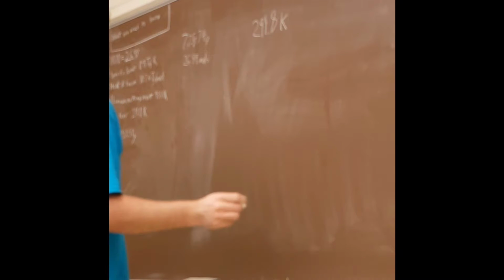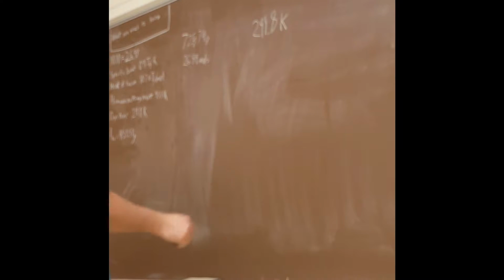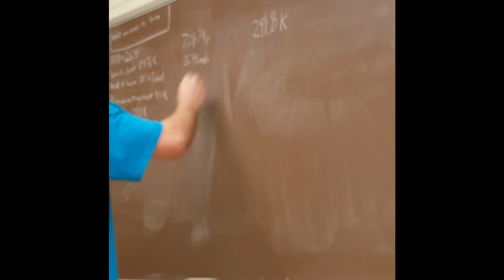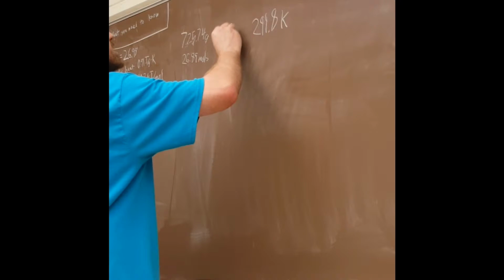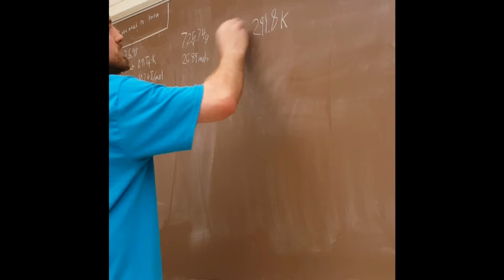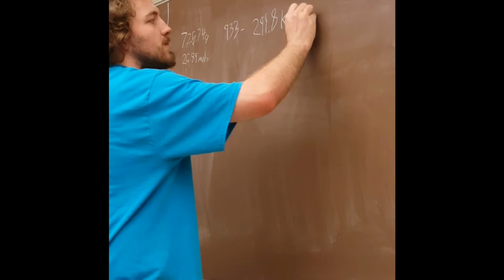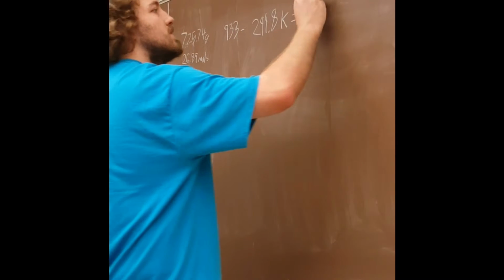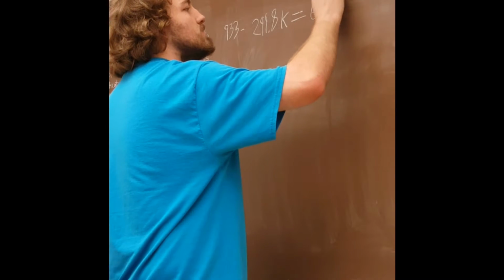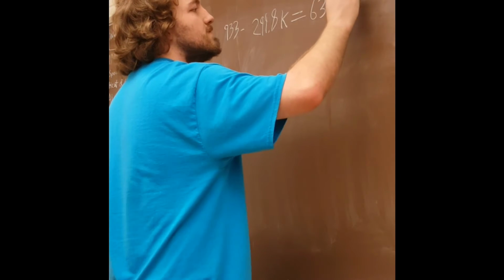The melting point of aluminum is 933 degrees Kelvin, which results in needing to raise the aluminum 633.2 degrees Kelvin.